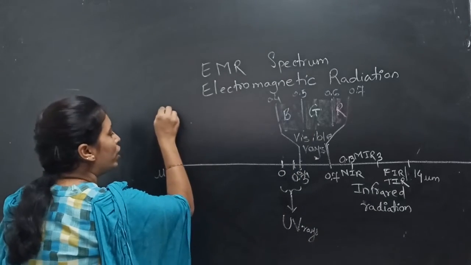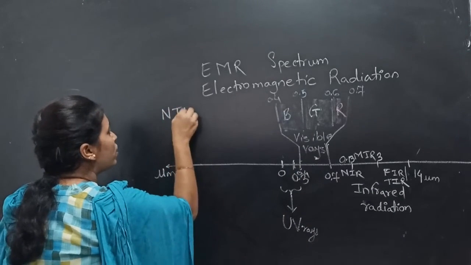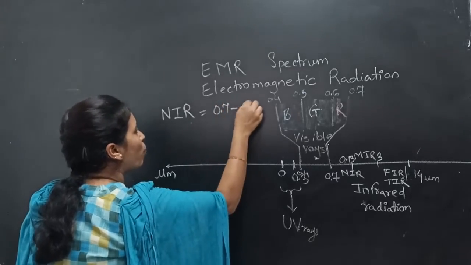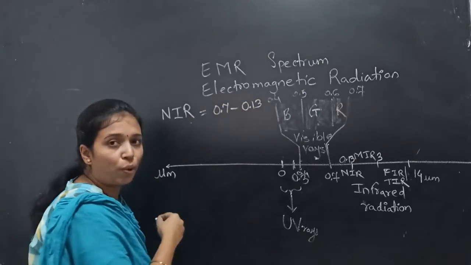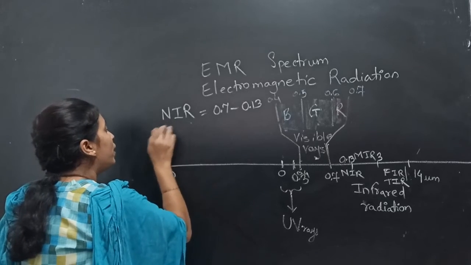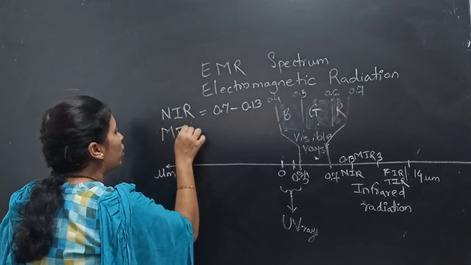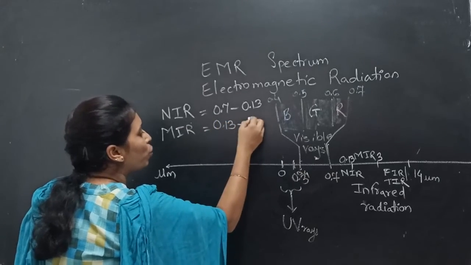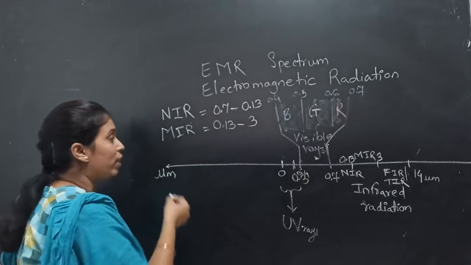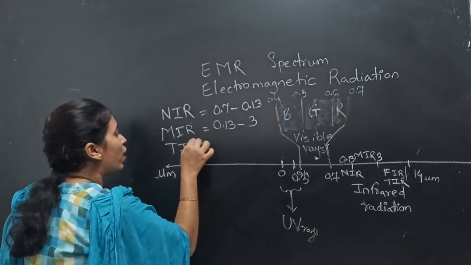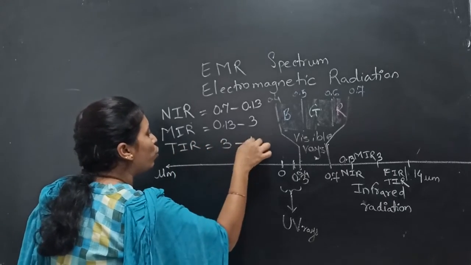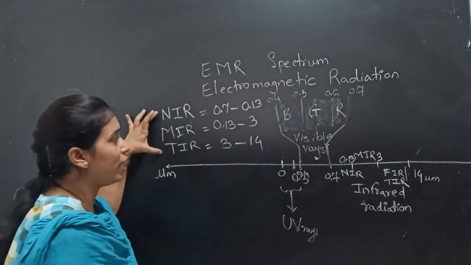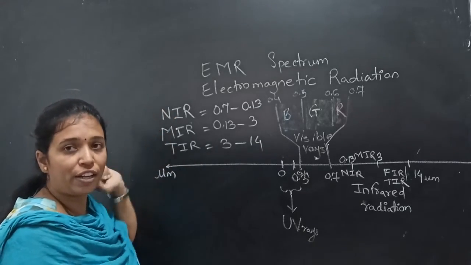I can write it over here so that it is clearly visible. Near infrared is 0.7 to 0.13 micrometer. Then middle infrared is 0.13 to 3 micrometer, and thermal infrared is 3 to 14 micrometer. So these are the ranges of infrared radiations.